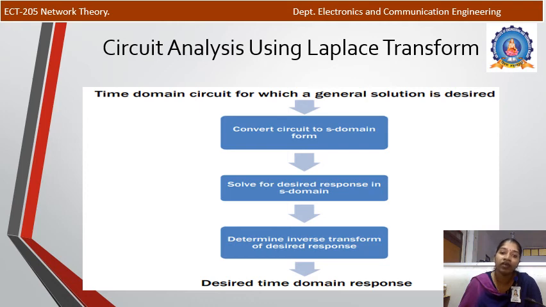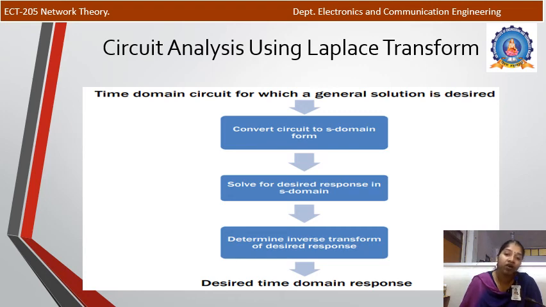Okay, so we get S domain equations when we write the node equation or mesh equation or KVL, KCL, etc. So we get a set of equations and solve them. So we get a response in the S domain. Right. So we get a Laplace equation, the final equation for I(s) or V(s), something like that.